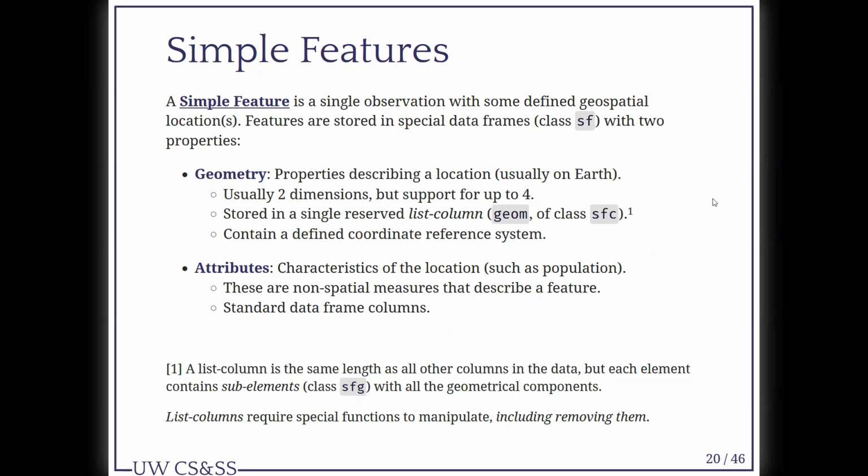These are standard data frame columns, more like what we are used to seeing. So I noted that there were list columns. Within the list column, there can be sub elements within that cell. And that's part of why the size of simple features data frames can get quite large.